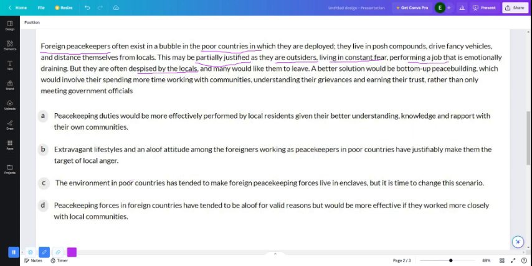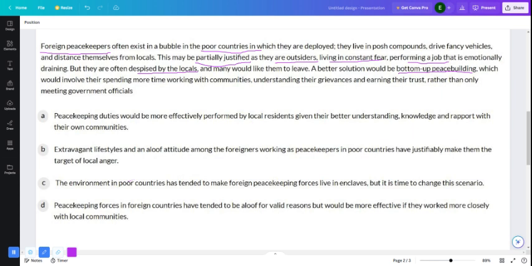A better option would be bottom up peacekeeping, which would involve their spending more time working with communities, understanding their grievances, and earning their trust rather than only meeting government officials.